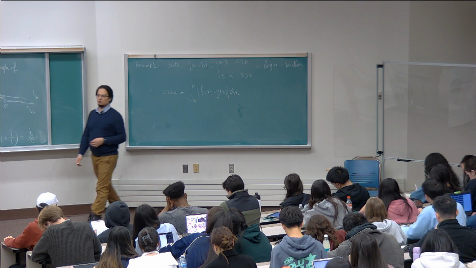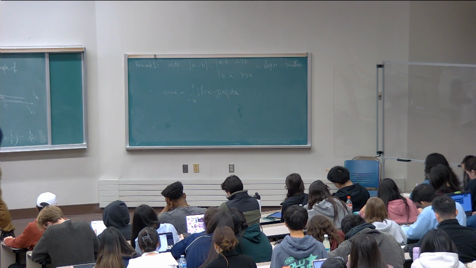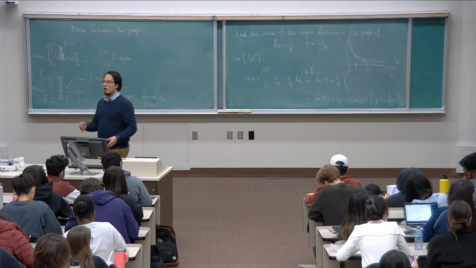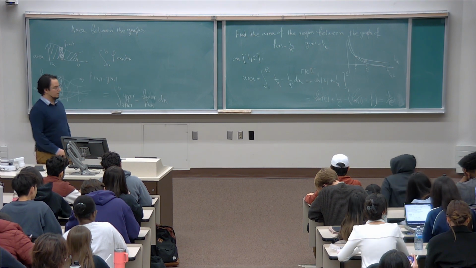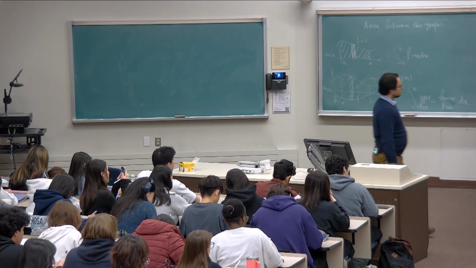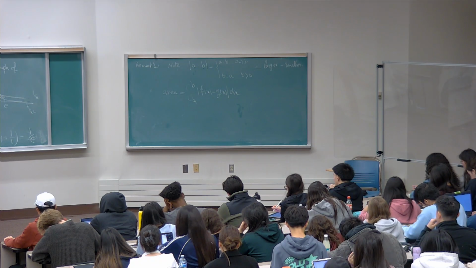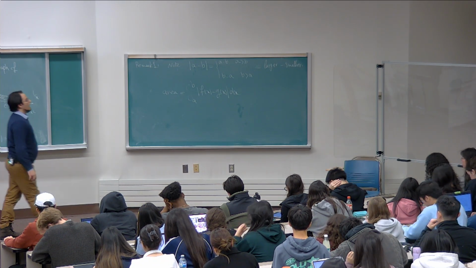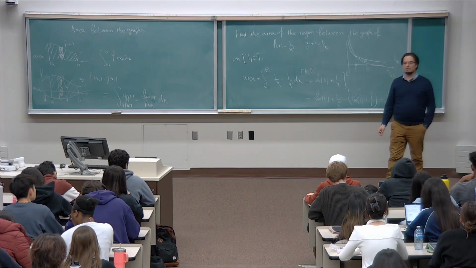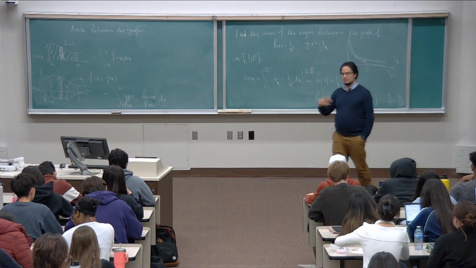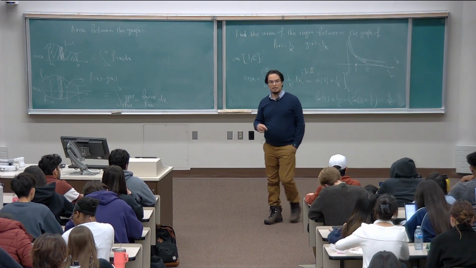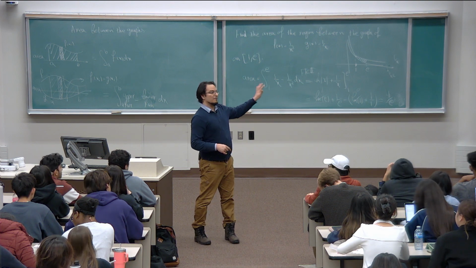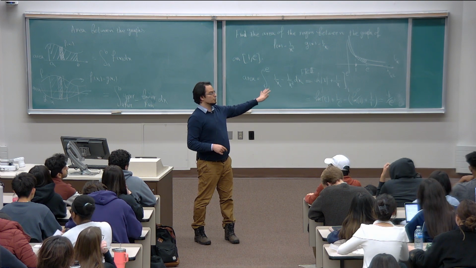Using absolute value. Instead of writing upper minus lower, I can write it as the absolute value of f of x minus g of x. I should add to this, and I will come back to this in 10 minutes, that this is only a fancy and nice way to write it down.